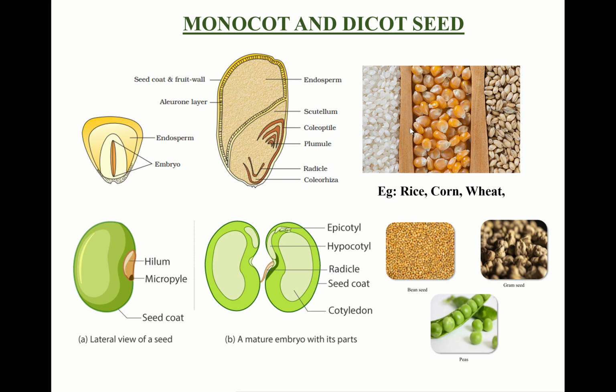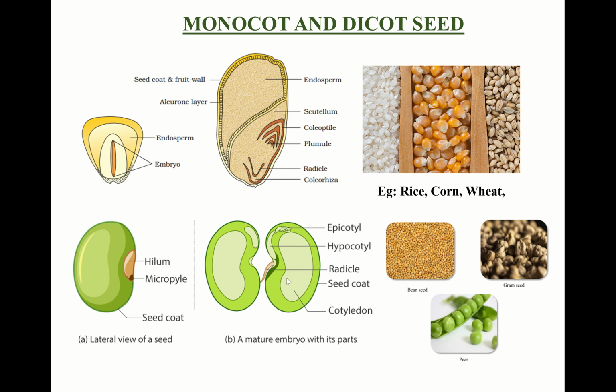So next, if you cut open this dicot seed, you can see this is the epicotyl. As I already mentioned, the region above the embryonal axis is called epicotyl, and this is hypocotyl, and this is radicle, and it gives rise to roots, and this is the seed coat.